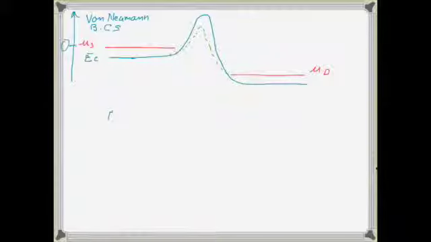Everything looks reasonable until the barrier starts getting to be on the order of the source Fermi level. And then something funny happens. When we get the barrier down on the order of the source Fermi level, so it's turned on nice and hard, you see something funny happen over here.